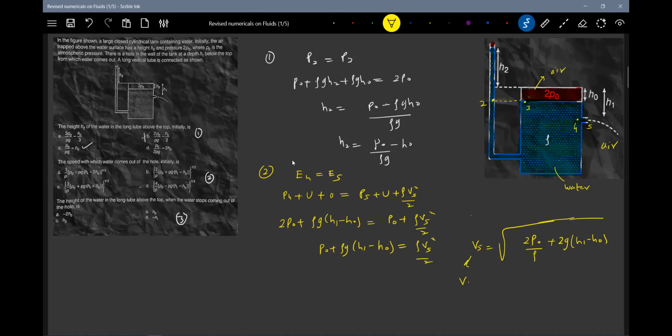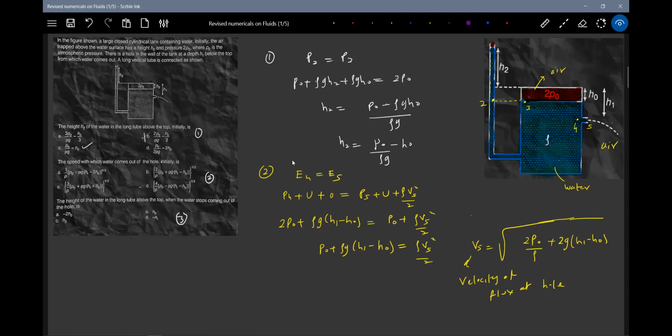Okay, this is the velocity of efflux. You need not do anything at all, just apply Bernoulli's theorem between these two points, 4 and 5.